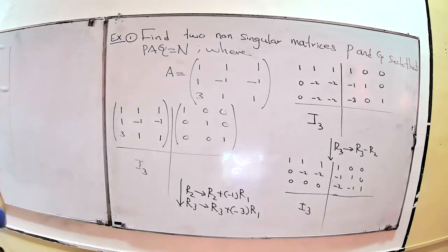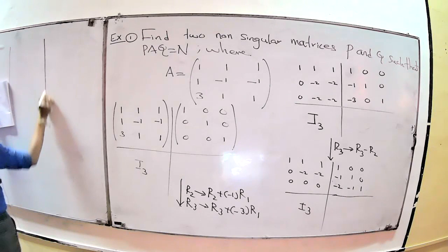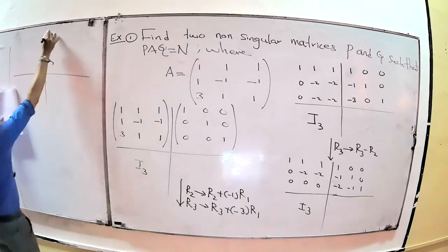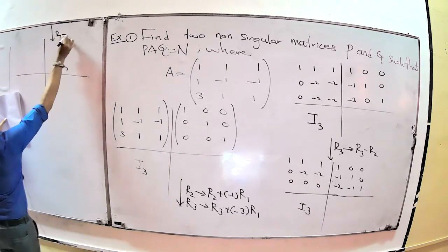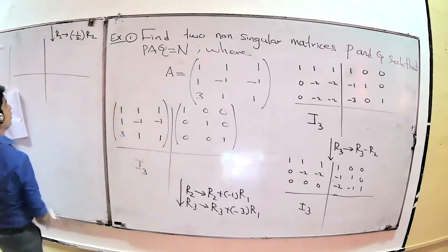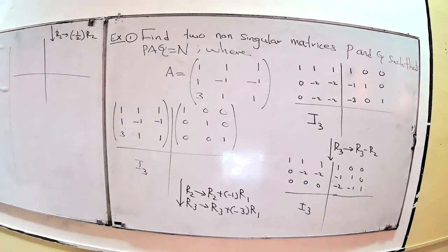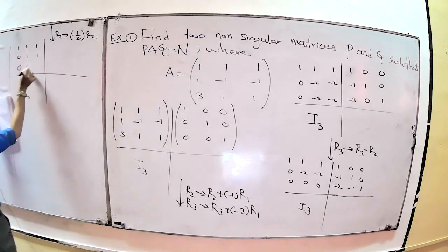Then you do the row operation, R2 replaced by minus half R2. Then you get here 1, 1, 1, 0, 1, 1, 0, 0, 0.